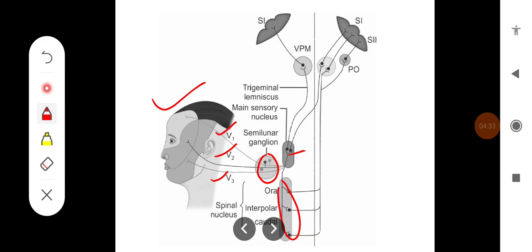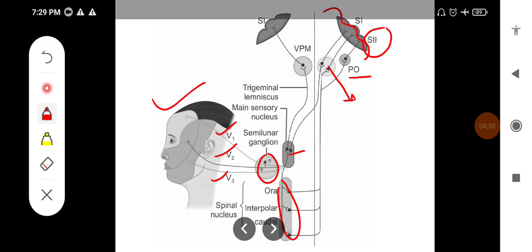From then most of the fibers are going to cross over to reach the thalamus, where they're going to relay in the VPM or in the posterior thalamic nuclei, and the third order neurons arise from there to go to the parietal cortex, that is area number 1, 3, 2, and also to the somatosensory area too.